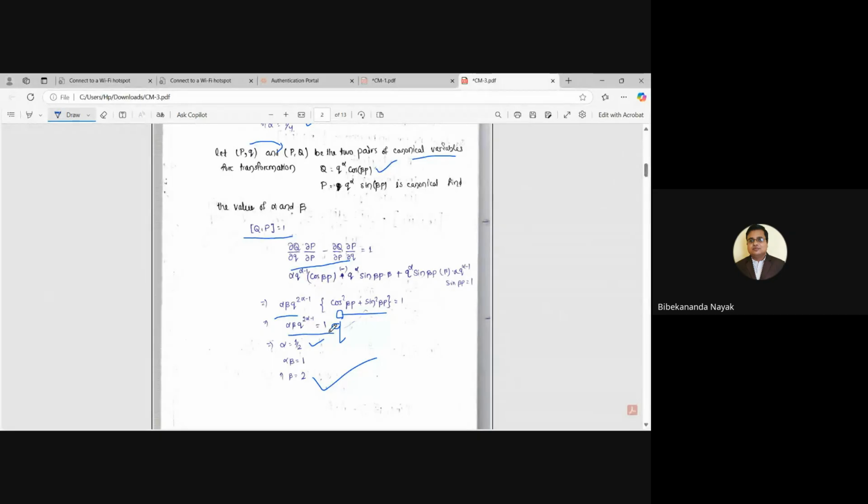Sorry, here the power is 2 alpha minus 1. Okay, so alpha is minus 1 by 2. Then the two and half cancel, 1 minus 1 is equal to 0. The power is 2 alpha minus 1. Okay, sir, understood.